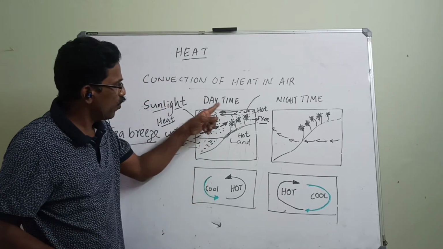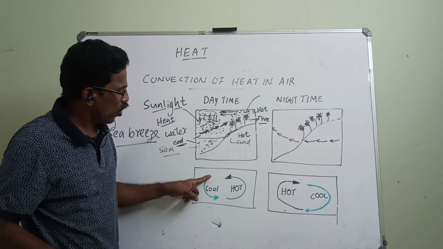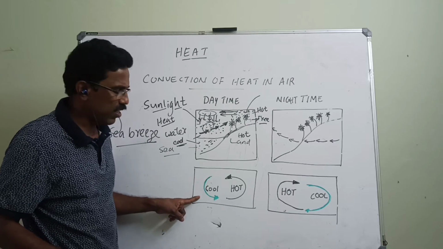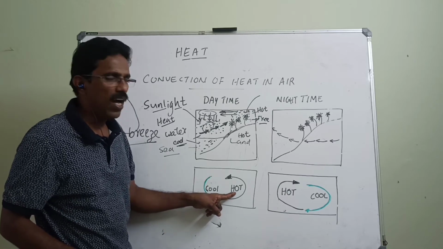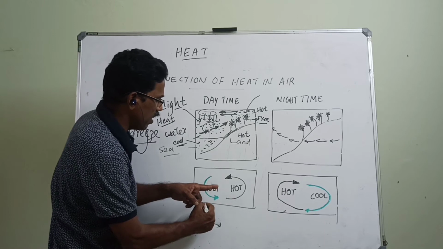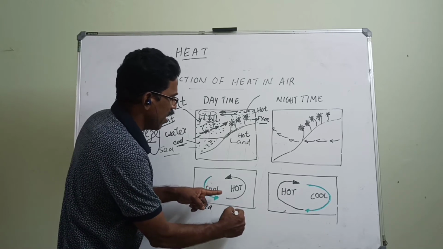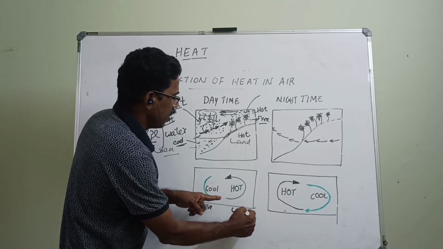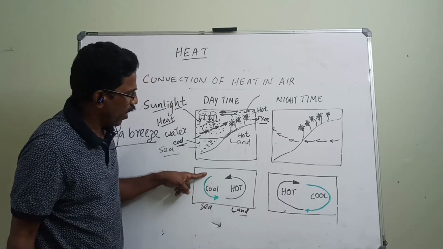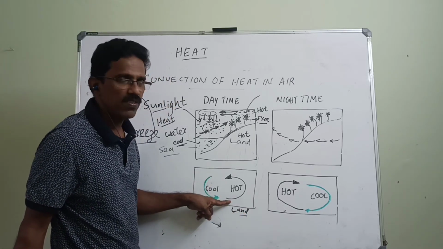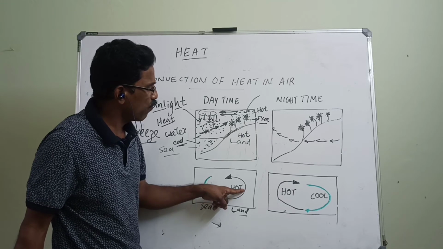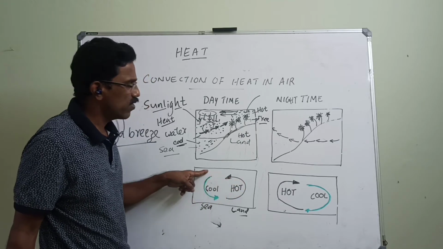What is happening during daytime? The cool air from the sea blows towards the land. Here it is the sea and here it is the land, and you can see the cool air from the sea moving towards the land and hot air from the land moving towards the sea.